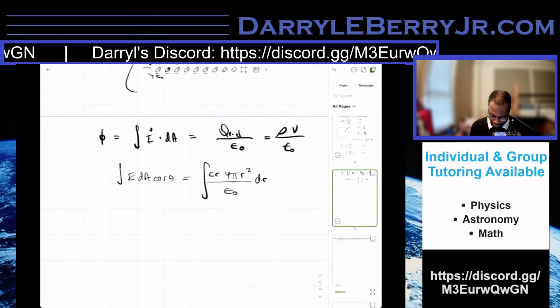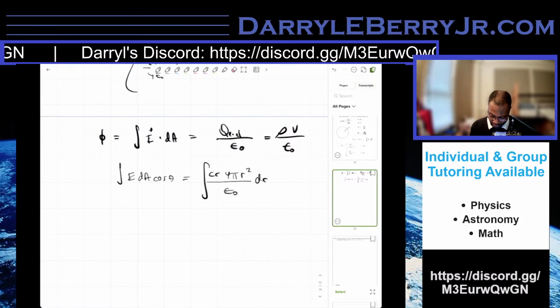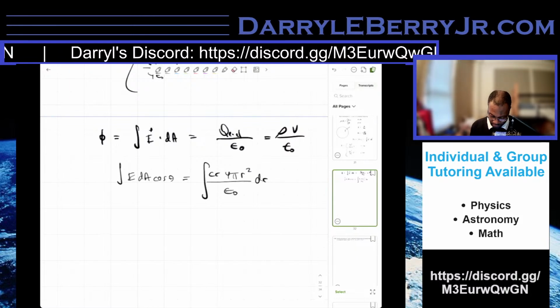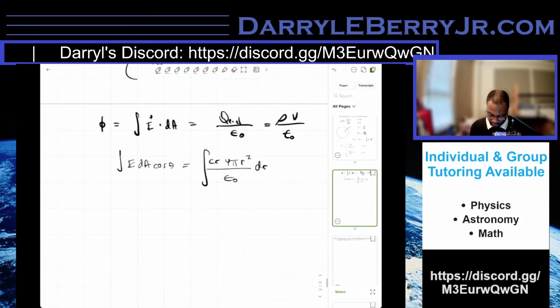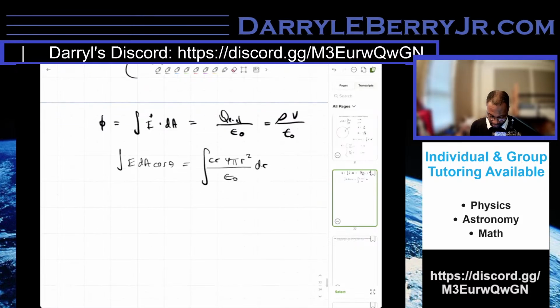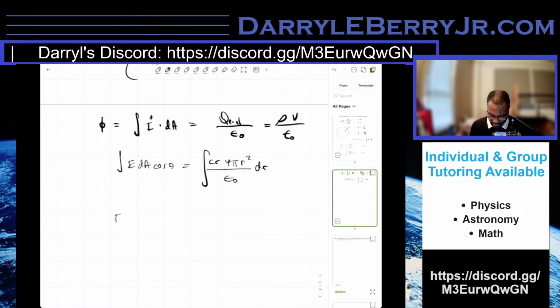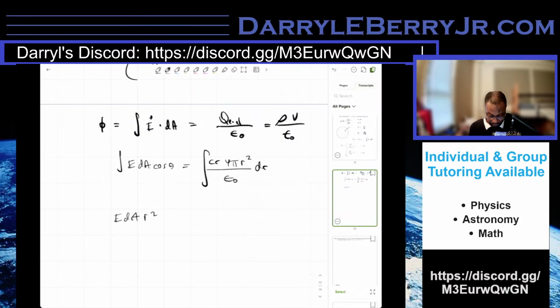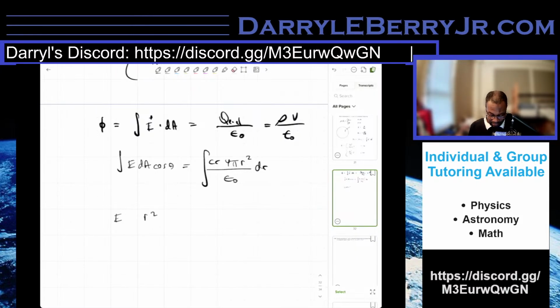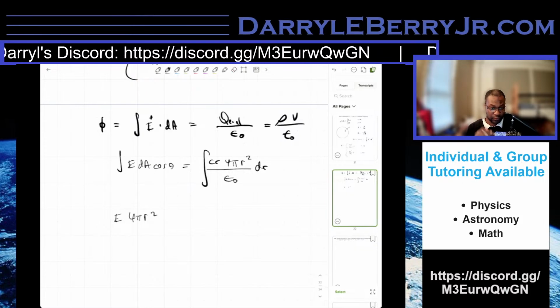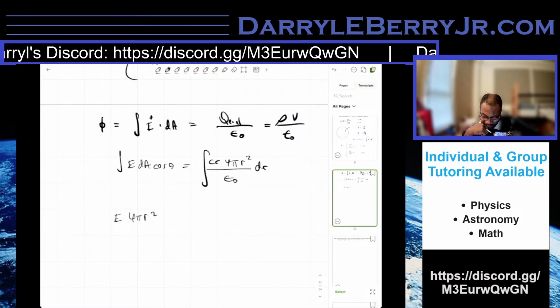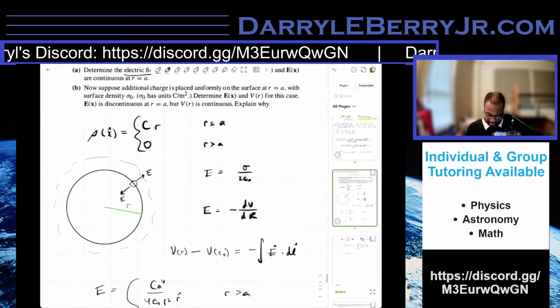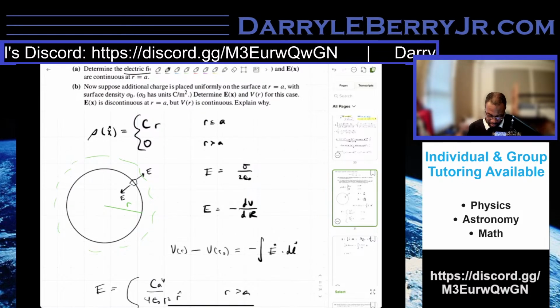And actually, I'll just make an extra line. So this will basically be E dA, excuse me, E 4 pi r squared, since that's the area. And we're just saying that this r is just whatever random r.